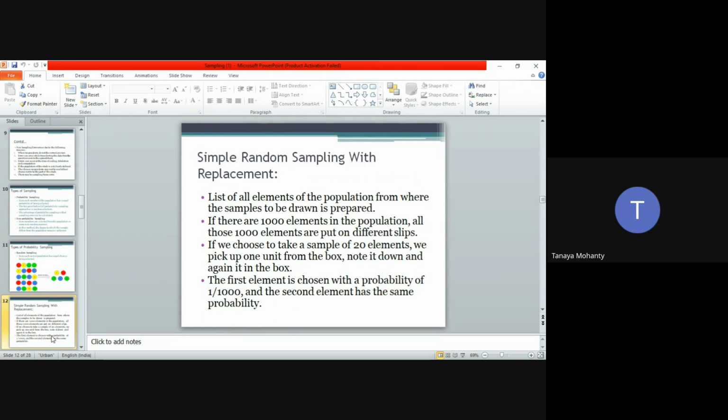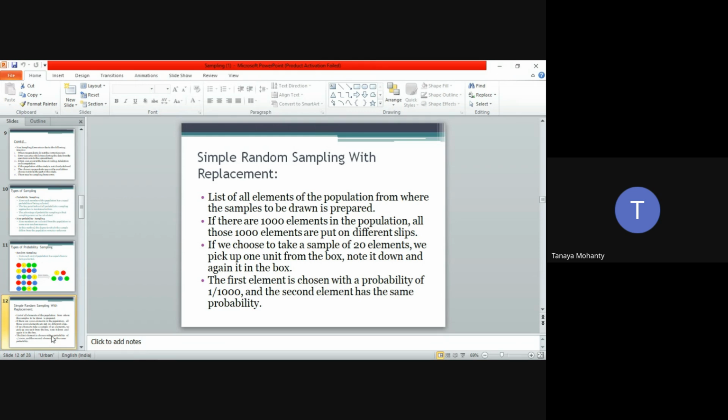There are two different types of random sampling. First is simple random sampling with replacement. What do you do here? Normally, you follow the lottery method. A list of all elements of the population from where samples are to be drawn is prepared.